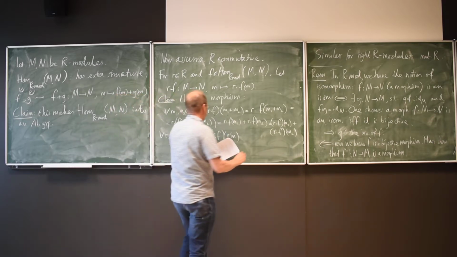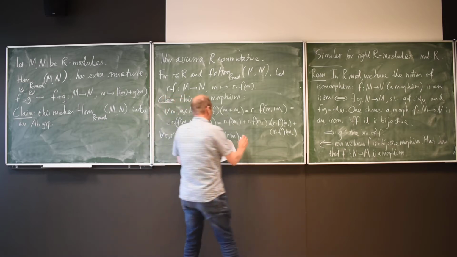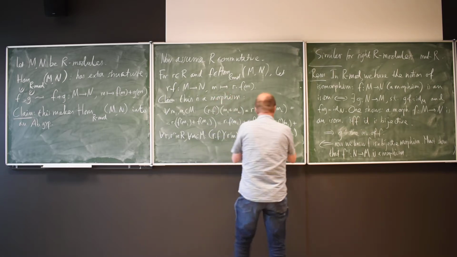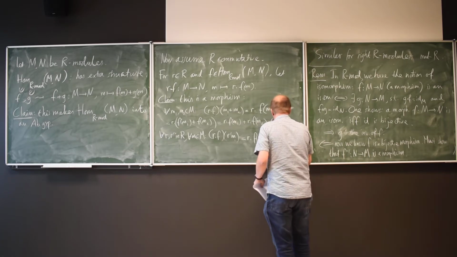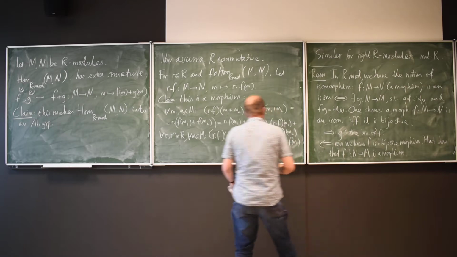And now I apply the definition of R times F, so this is R times the F of R prime M. And now I use that F is a morphism, so this is R times R prime times F of M.